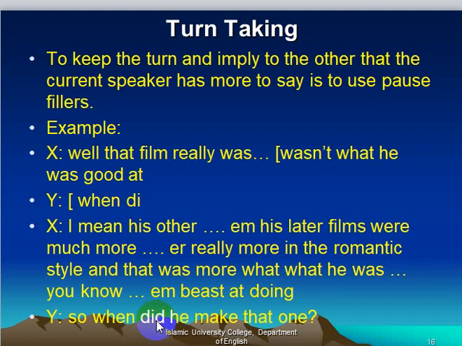However, in English we can say things like, you know, like. For example, I say, I mean, his later films were much more, really more in the romantic style, and that was more what he was, you know, best at doing, and so on. So these are called fillers, and their job is to keep the turn with the speaker.